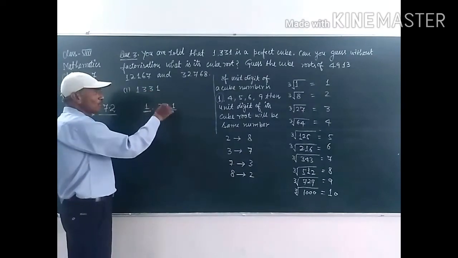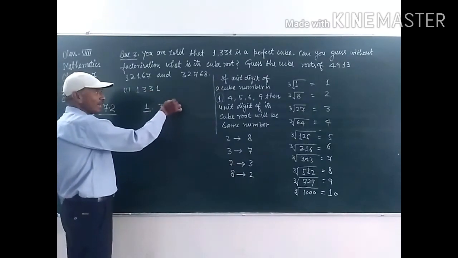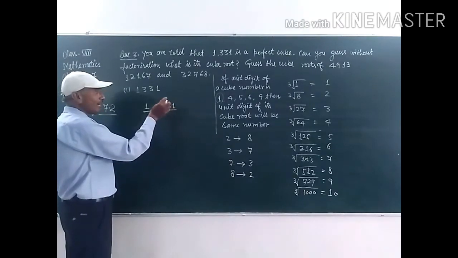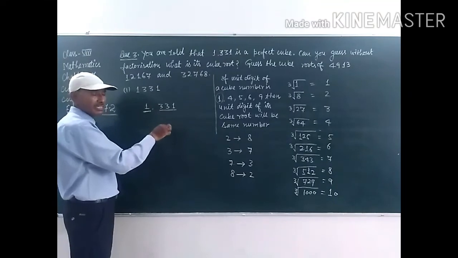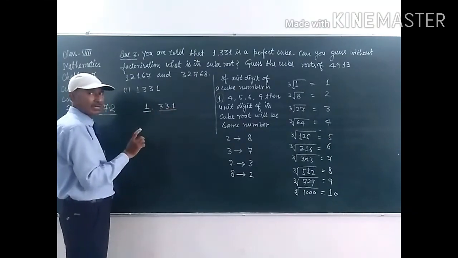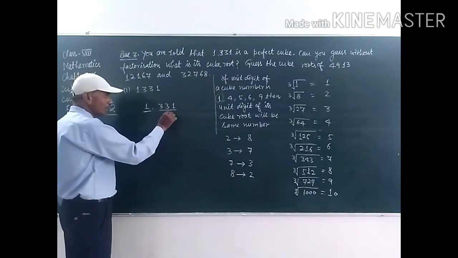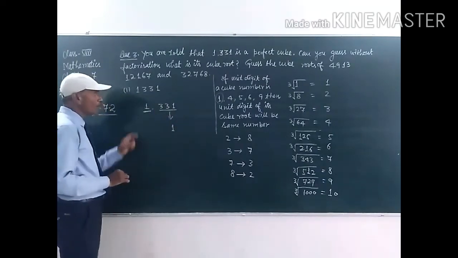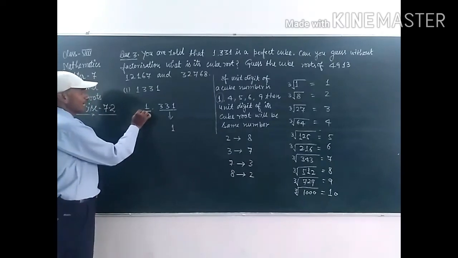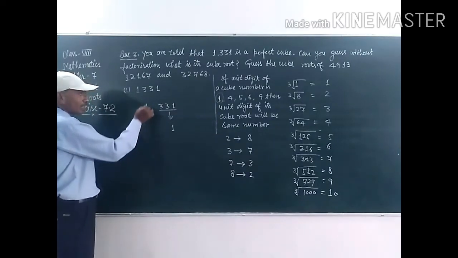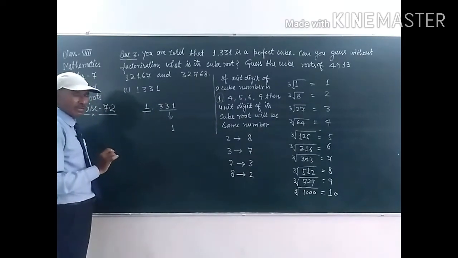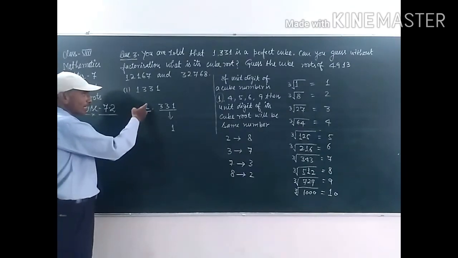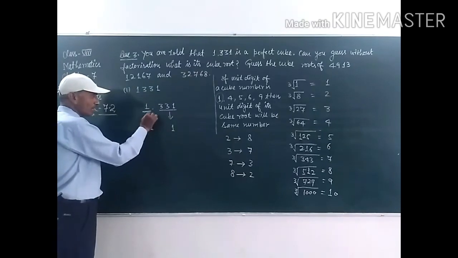If the unit digit of this number is 1, then its cube root's unit digit also ends with 1. Clear, student? So, the unit digit will be 1 here. Now, we have to observe the second group, this one, student. This one is 1 here, student. So, this is the cube of 1. So, it will be 1 here, student.